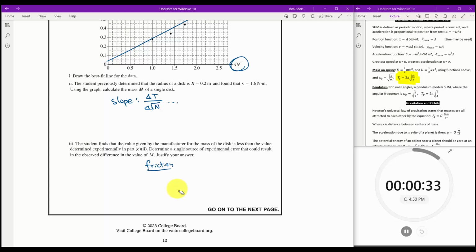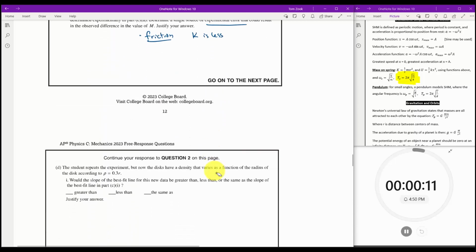Source of experimental error. So you could say that there's friction. You could say that the kappa is less than expected, because if the mass is supposed to be smaller and you measure it bigger, then that seems like there's more resistance to motion. So maybe the kappa is too weak. It could be any of those little things. You just make something up.